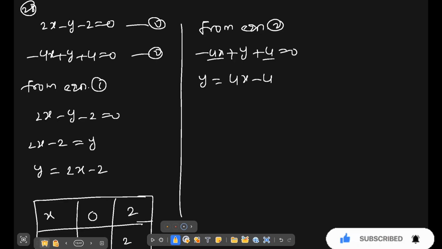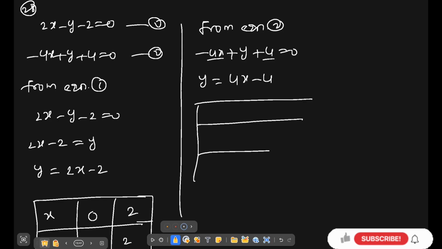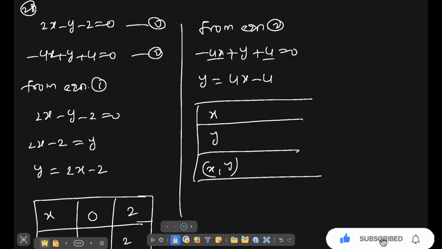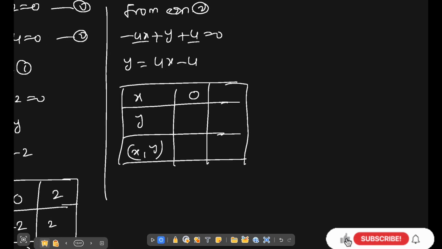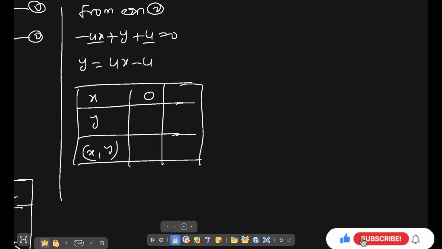That's it. Now take the table: x, y, x comma y. At least we need 2 points, right? So if x value is 0, what does it become?